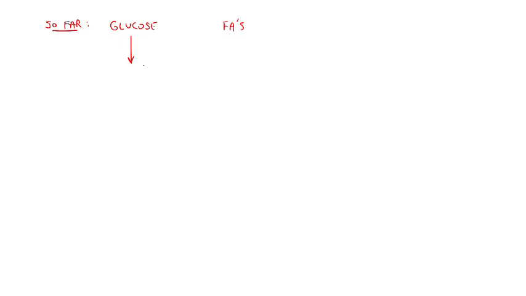Glucose gets broken down into pyruvate, and then from pyruvate it gets converted into acetyl coenzyme A. So pyruvate would be this molecule. Acetyl coenzyme A, since I don't like to draw coenzyme A, I represent it just like that.